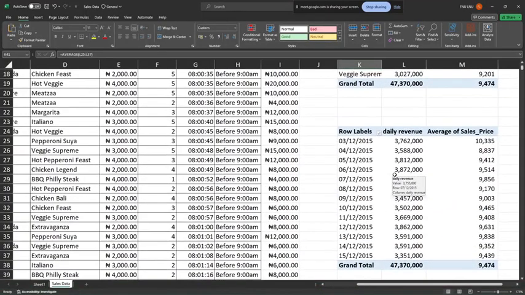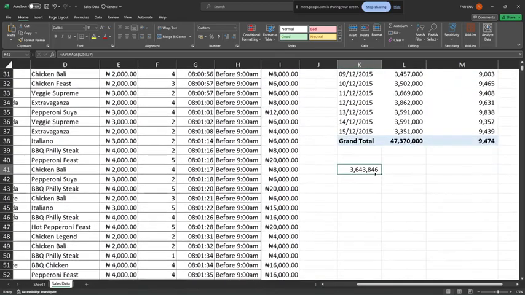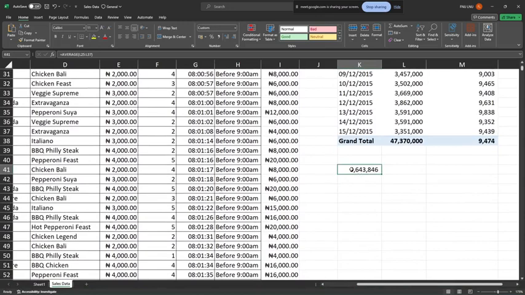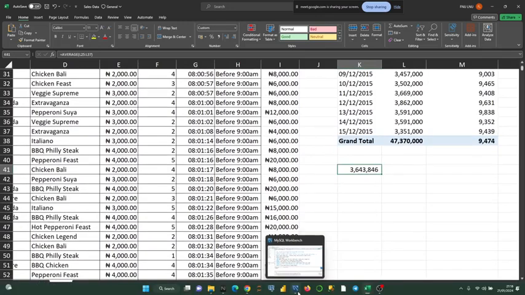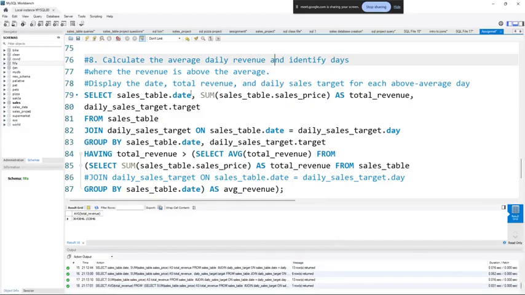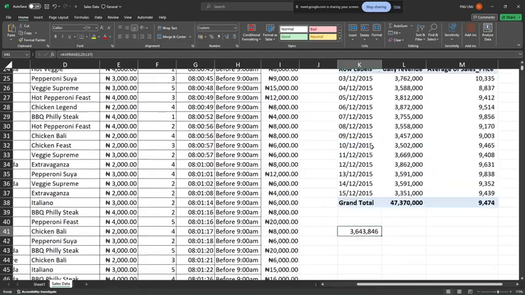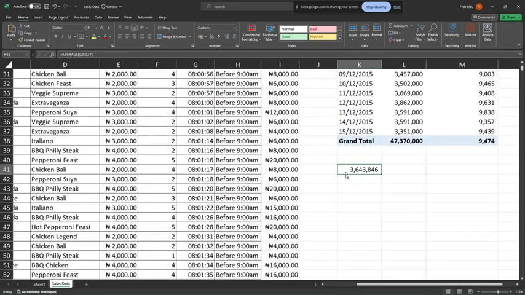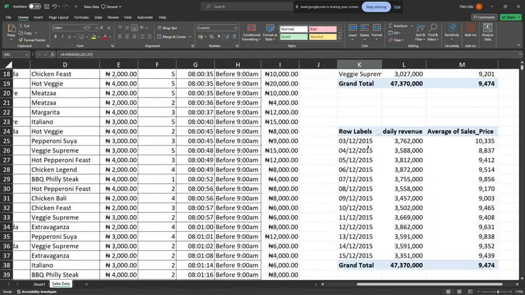This is the Excel table. So what they need is those days where, hold on, not the average now. The average is this. I think the explanation will be better now. Those days where the revenue is above, so we want to get those days where we have revenues that are above 3.6. What are those days?